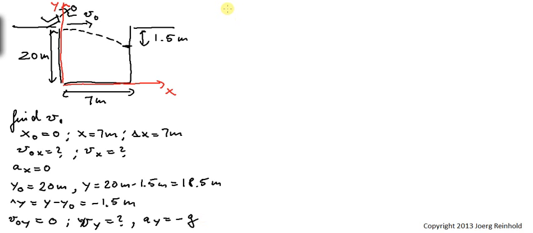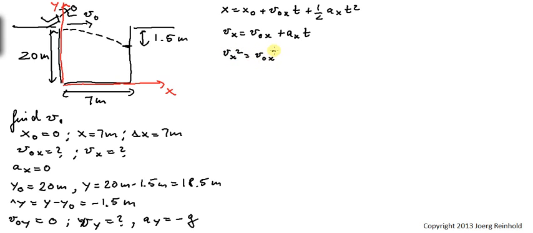First that comes to mind is x equals x0 plus v0x t plus 1/2 ax t squared. We also know that vx equals v0x plus ax t, and we know that vx squared equals v0x squared plus 2 ax times delta x.